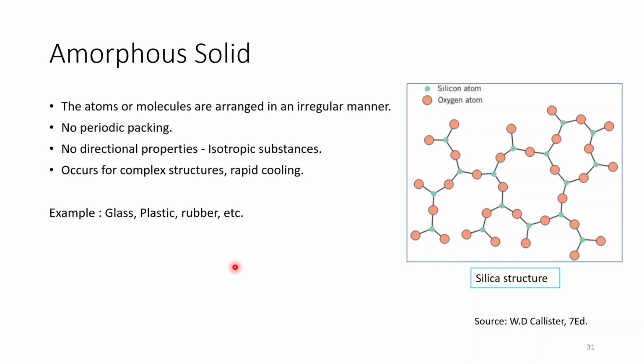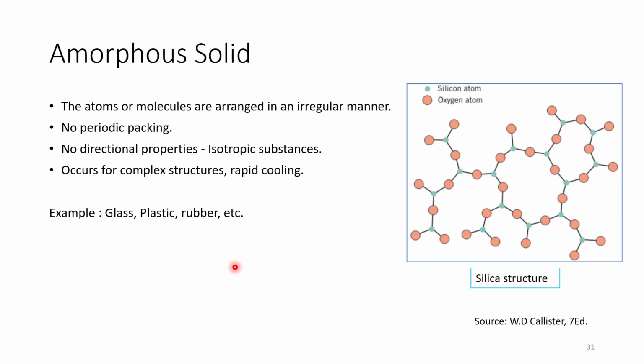So for example, if you have a material with more than 4 or 5 elements, you are basically confusing the system as to which unit cell to obtain. So if you are cooling this system after melting, having 4 or 5 elements, then it is more likely to solidify in an amorphous structure.